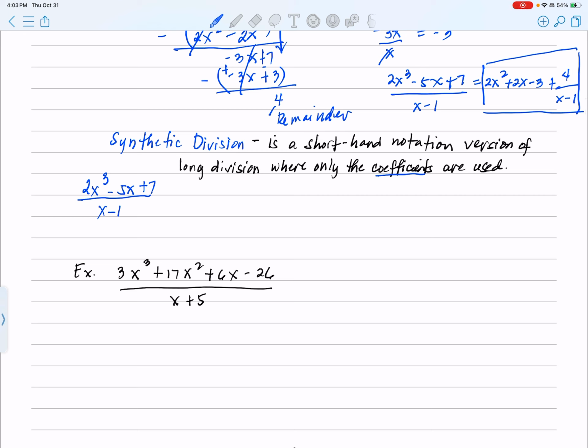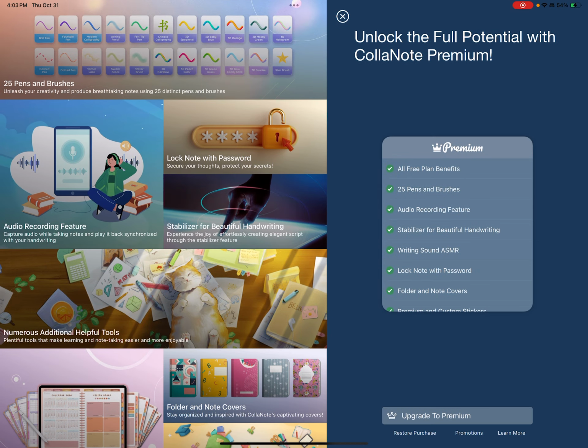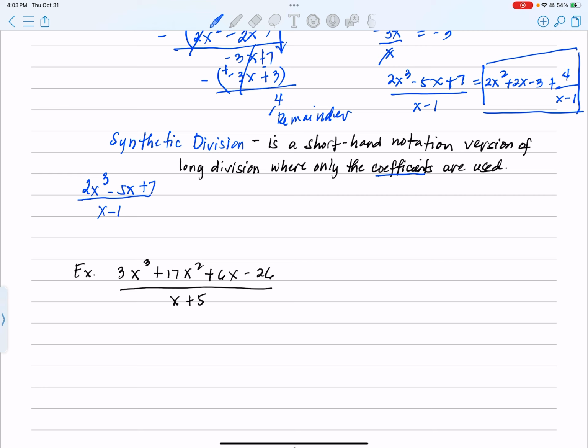To find the number that goes outside, we set the linear divisor equal to zero. As I've said, we have a missing term here, right? This should be 2x to the third plus 0x squared minus 5x plus 7. So, upside down table.